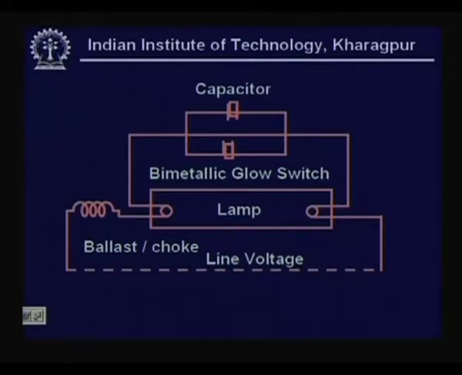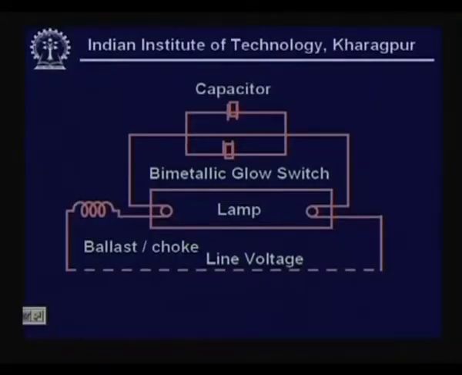Of late we have been using electronic chokes, which we will take up in a later lecture on control devices for illumination systems. We will look into the electronic ballast during that, but suffice it to say, in the circuit sense, it's an inductance which helps in boosting the voltage initially to strike the arc and later on to control the current.